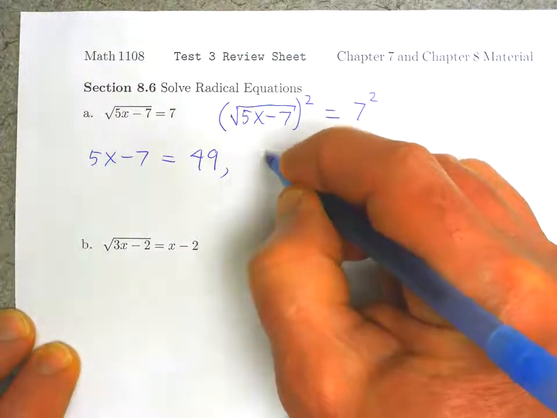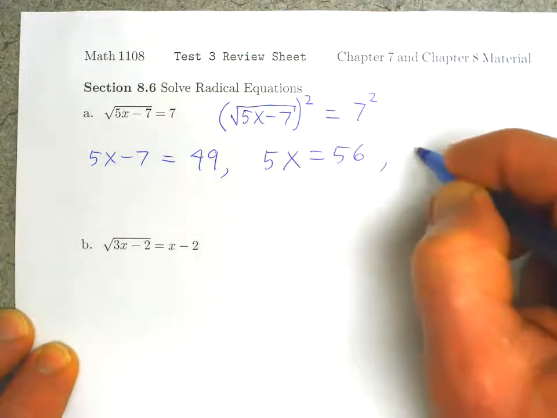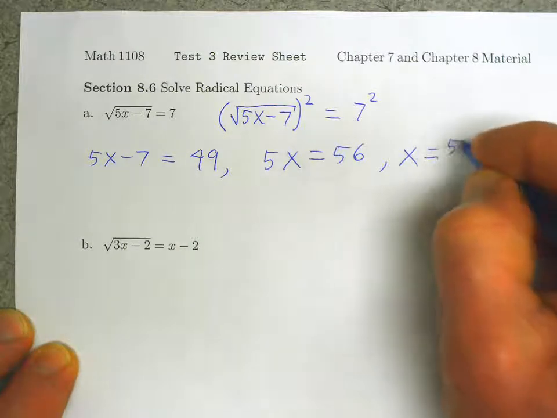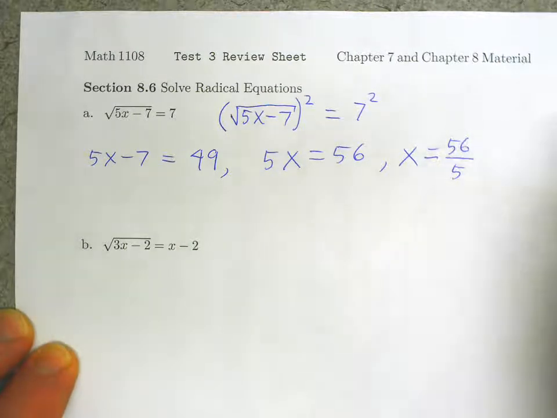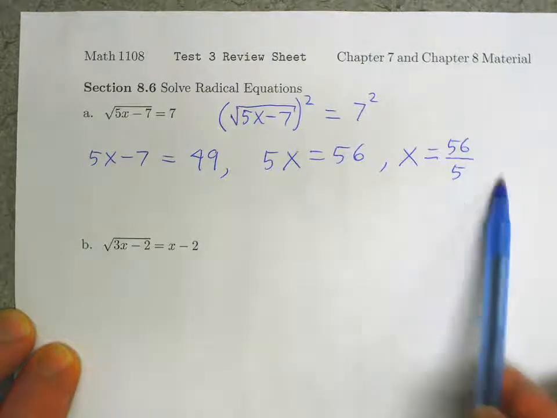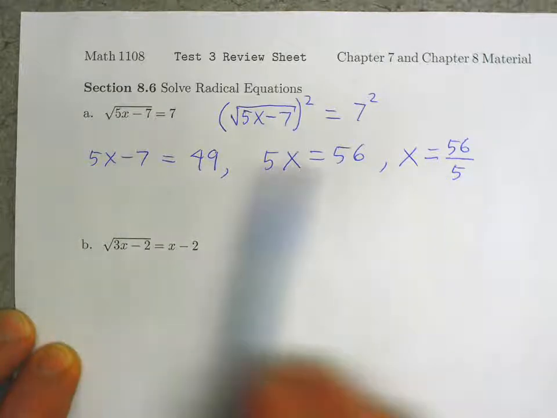And then we just solve for x. So 5x equals 56, and then divide both sides by 5. x equals 56 fifths. And it's easy to verify that 56 over 5 is the solution.